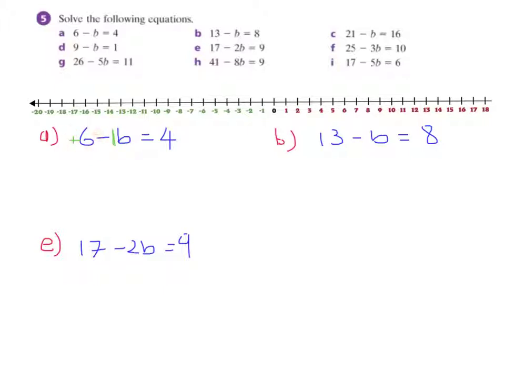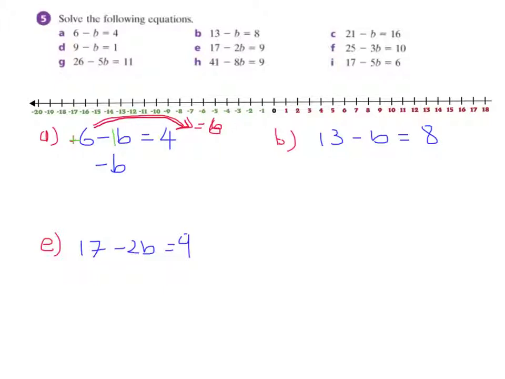So I want to keep the b on this side. As I said, there's lots of different ways to do it, but this is the way I'm going to show you. It follows the same pattern as what we've been doing. So this positive 6, I'm going to take it over to that side. When I take plus 6 over to this side, the opposite is negative 6.